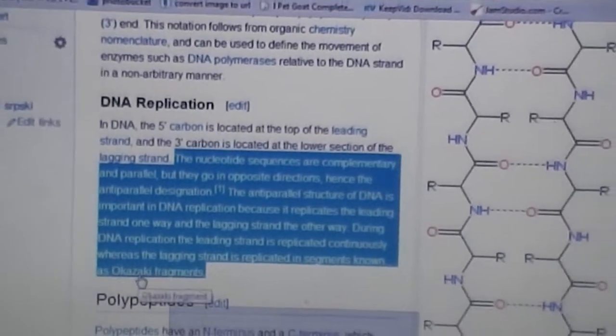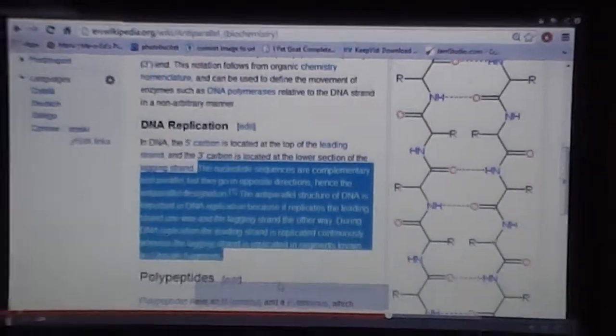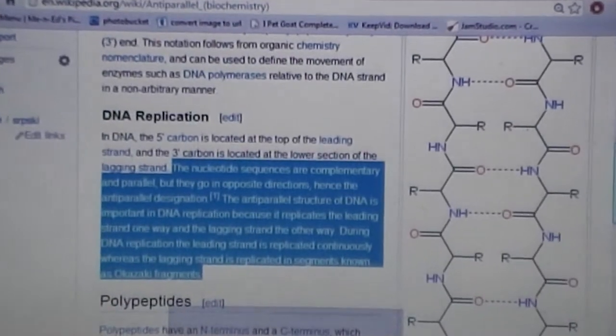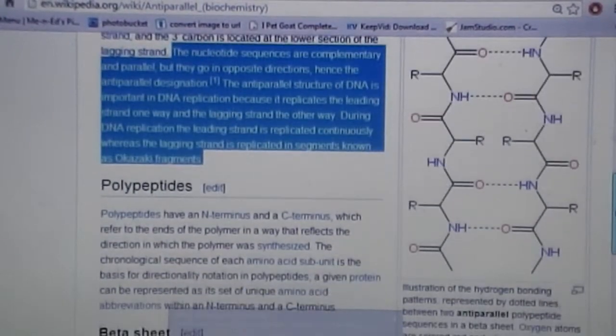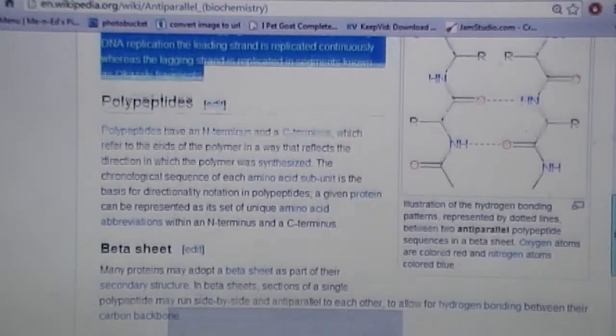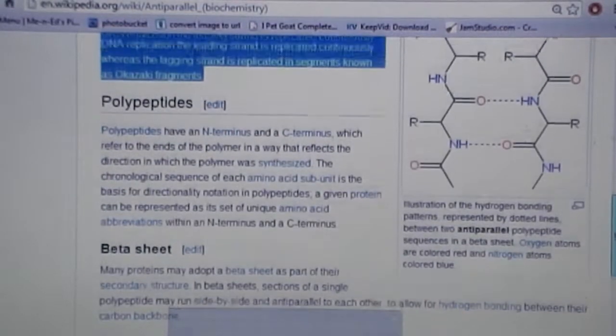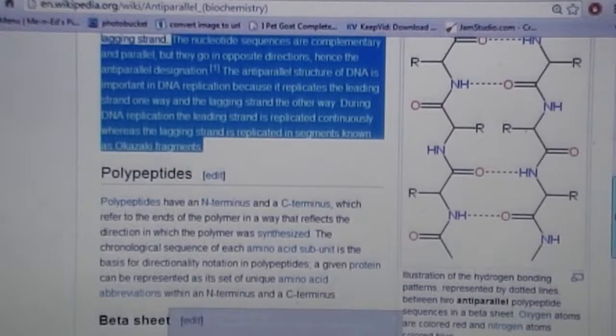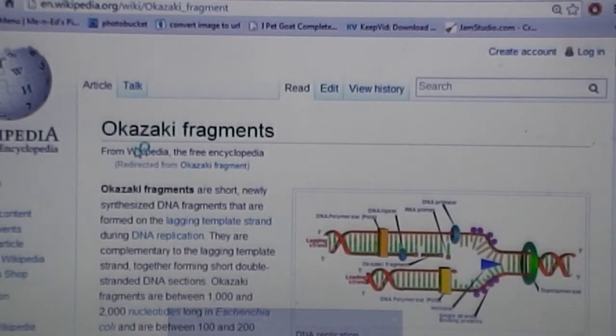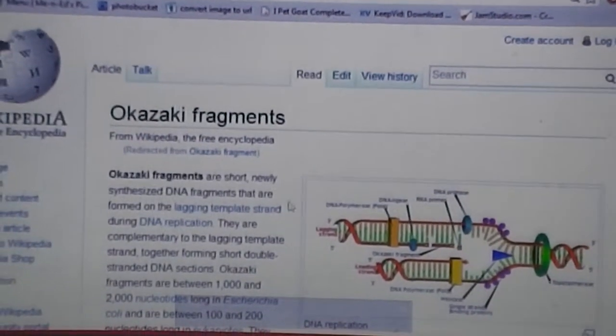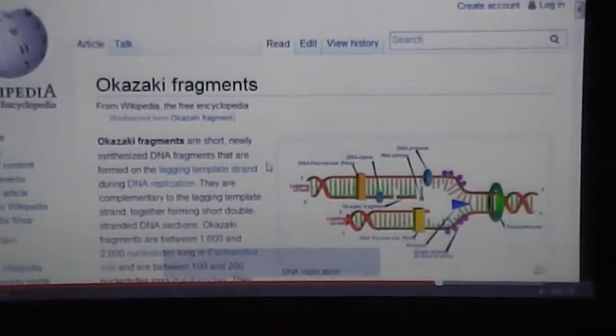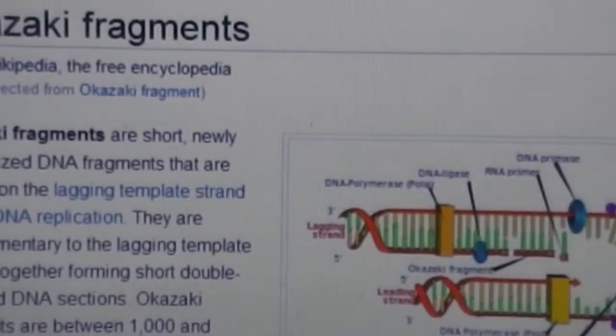Another rabbit hole journey there. Let's click on Okazaki fragments and see where that takes us. Now remember, these are the fragments of the lagging strand, which is the 3 strand, okay? Short, newly synthesized DNA fragments that are formed on the lagging template strand during DNA replication.